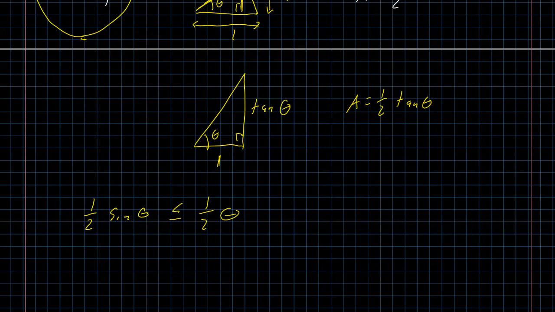And then the tangent one was formed by putting an extra bit on. So that sector, 1/2 theta, has to be smaller than 1/2 tangent theta. All right, tangent is sine divided by cosine.